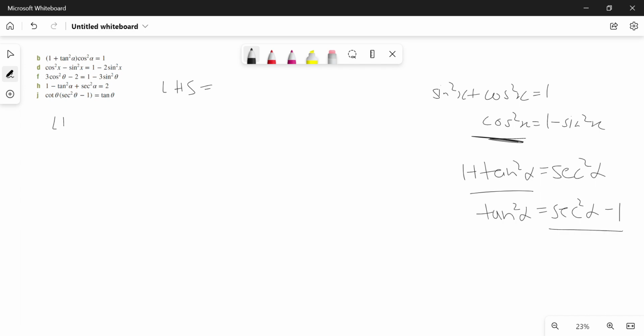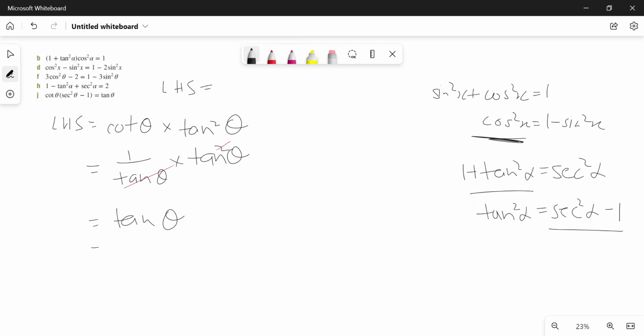So for the left hand side, I've got cot theta, and then instead of sec squared minus 1, I'm going to write tan squared theta. And of course, cot is 1 on tan, and I'm multiplying by tan squared theta. So one of these is cancelling with one of those, and we're left just with tan theta, which is the right hand side.